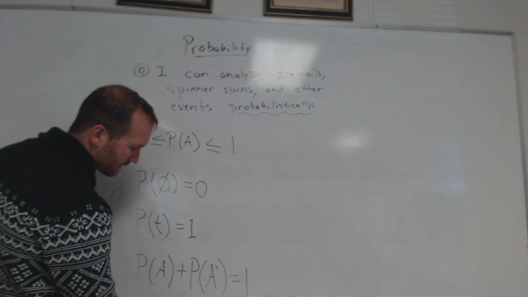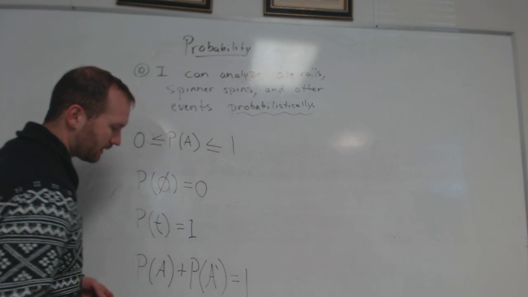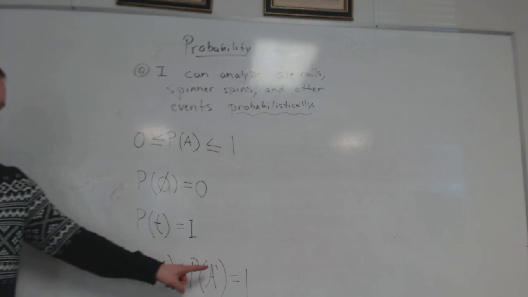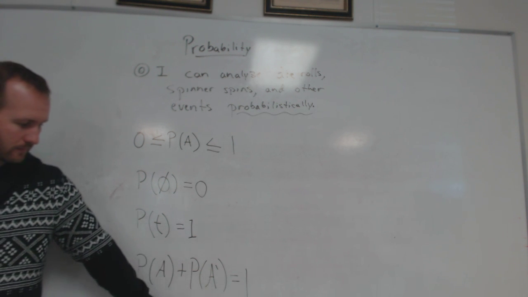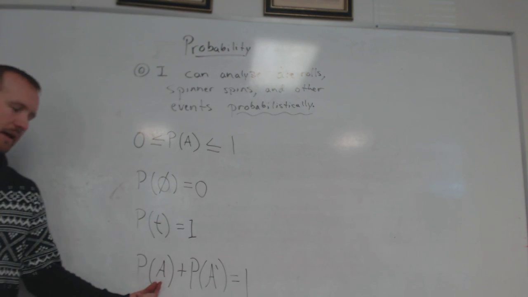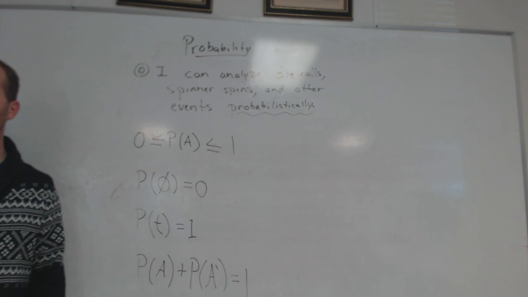Sometimes you'll see this as negative A, but it's not really negative. It has a little extra thing. I'll probably use this to mean not A. So the probability of something happening or not happening has to be 1.